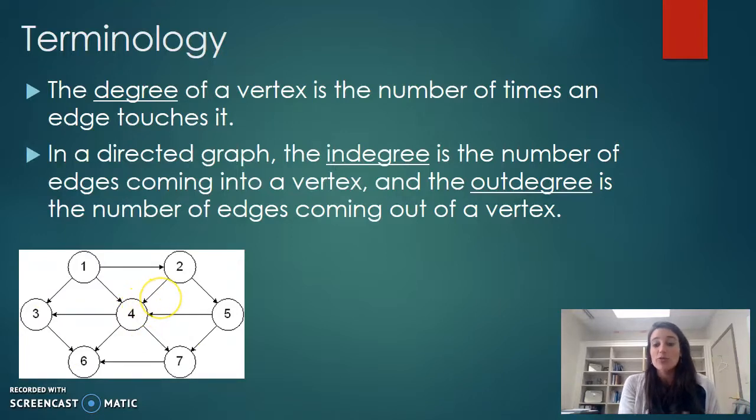And if I were to ignore the arrows and just look at this as a regular undirected graph, the degree of vertex 4 would be 6, since there are 6 edges touching vertex 4. So 3 coming in, 3 going out gives the total degree of this vertex 6.